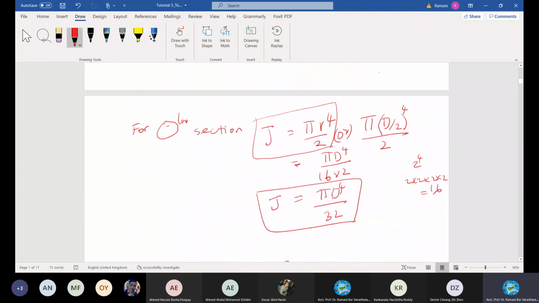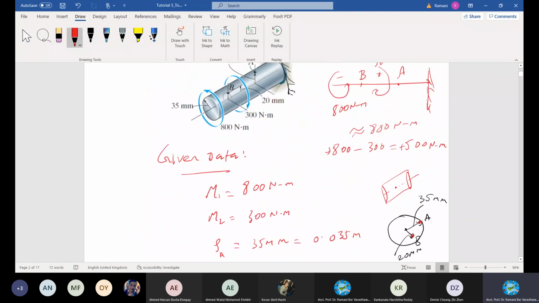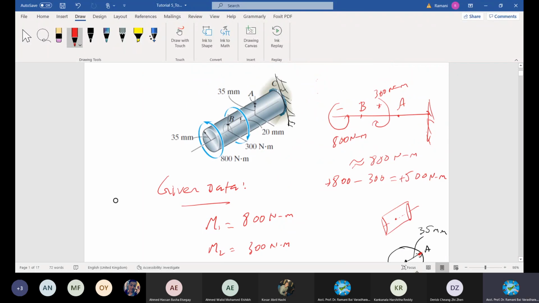Accordingly, when I want to solve for the point on the surface of the member at location A, location A is, I repeat, exactly at this point nearing the support, after the moment of 300 Newton meter on the member.